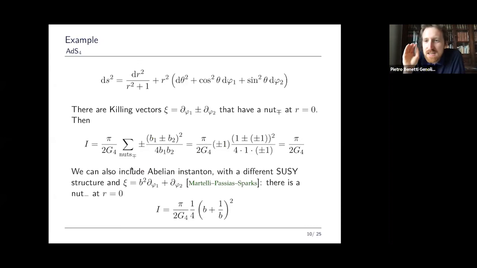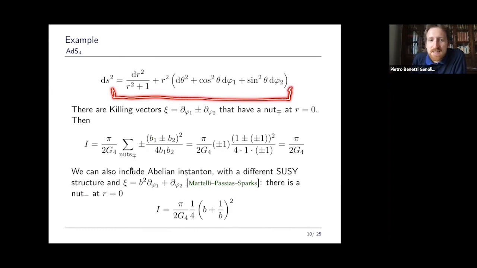So let's consider AdS4. AdS4 is the simplest asymptotically, in fact, it's not just asymptotically hyperbolic, locally hyperbolic, it's literally hyperbolic space. And it has this metric. It's valid, this is the metric in global coordinates, so it's valid everywhere on space-time.